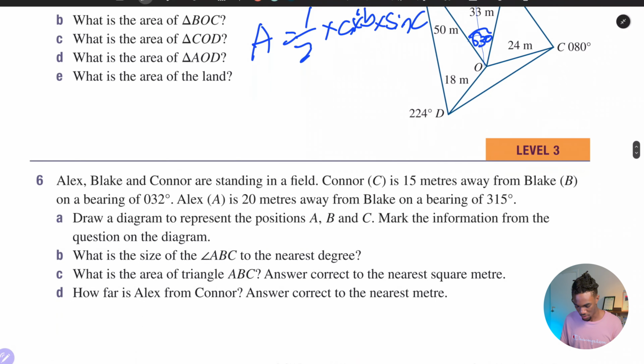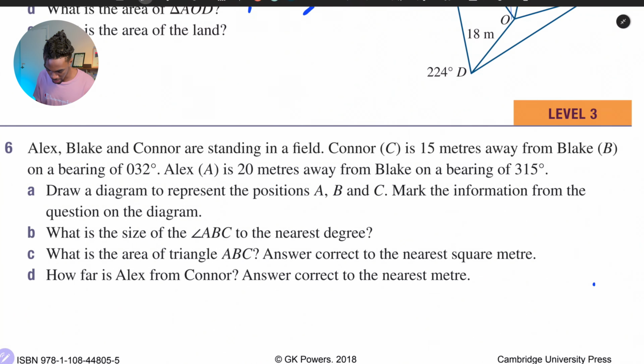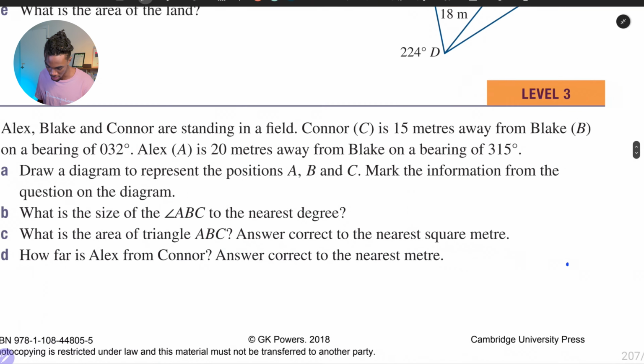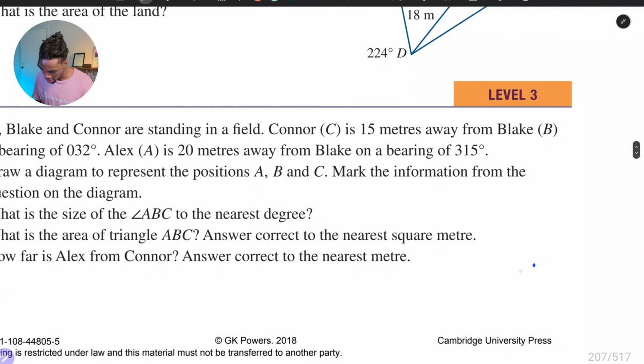So you can even draw this out. Alex, Blake, and Connor standing in a field. Connor is 15 meters away from Blake on a bearing of 32 degrees. So from Blake, so Blake is here, Connor is here, 15 meters, bearing of 32 degrees.